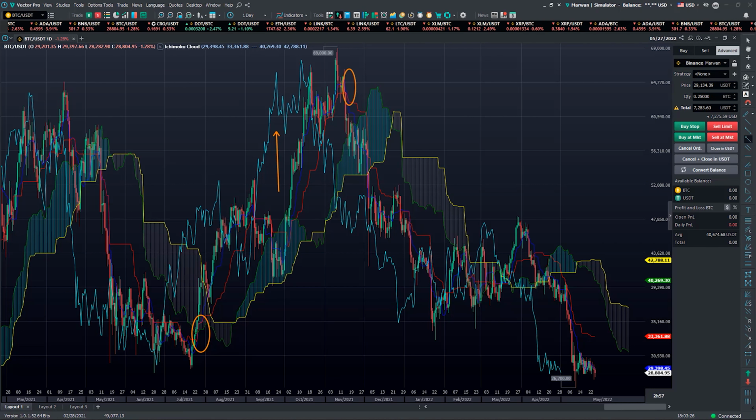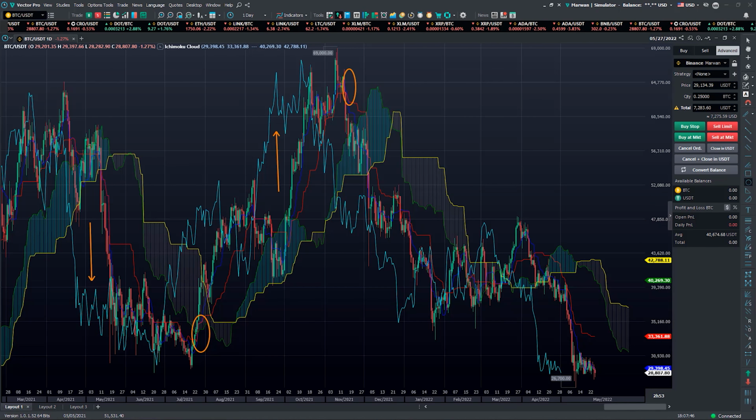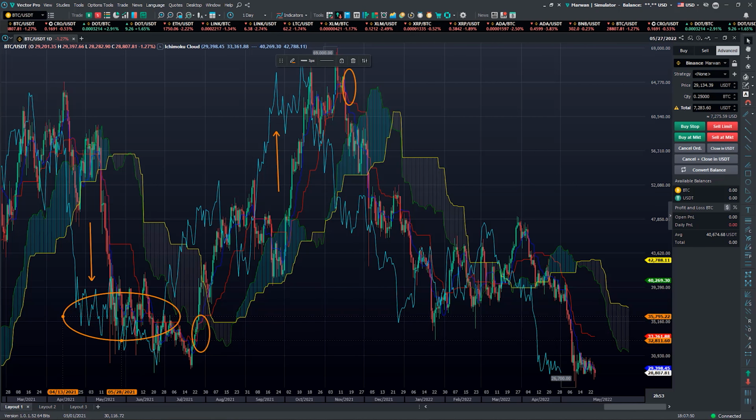Conversely, when the Chikou Span trend line is far below the current price action, like here for example, it indicates a bearish market sentiment. When our Chikou Span trend line is floating around the current price action, like here for example, it would indicate a sideways market sentiment.